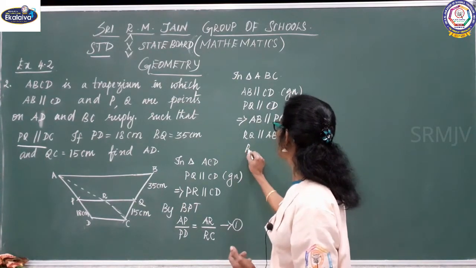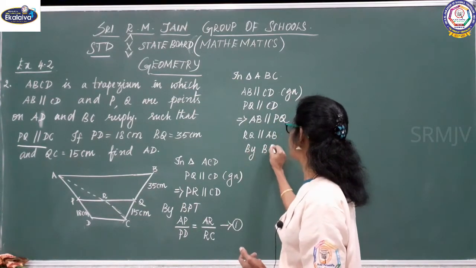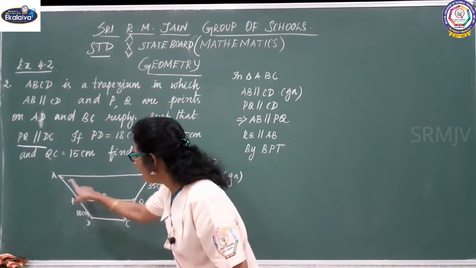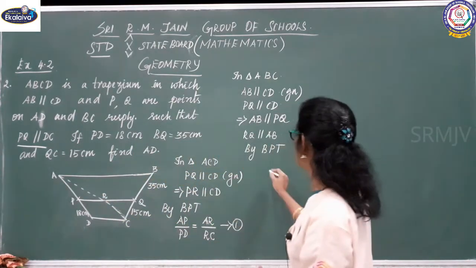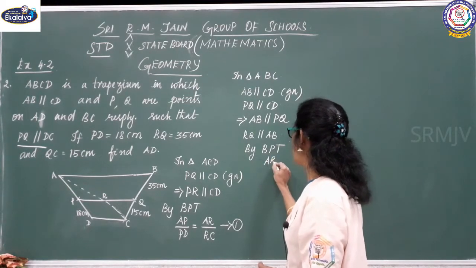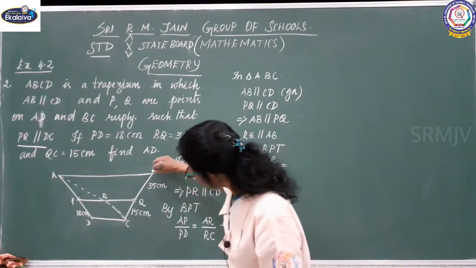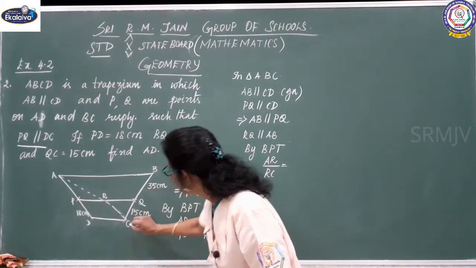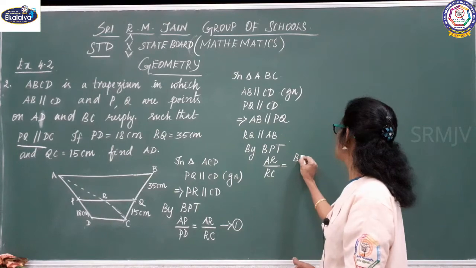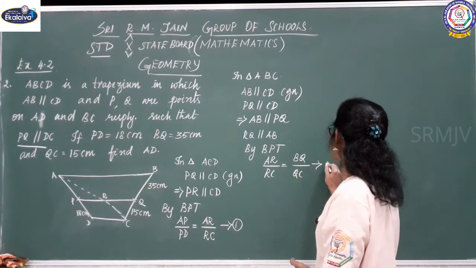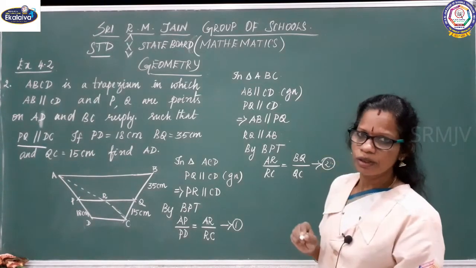By Thales theorem or BPT, AR by RC equals BQ by QC. That is equation number 2.